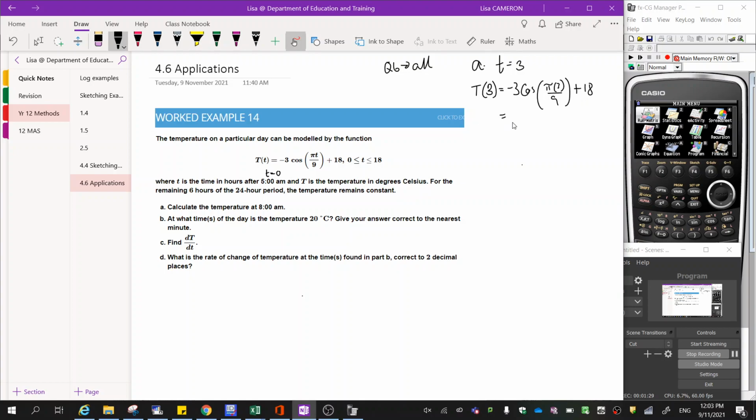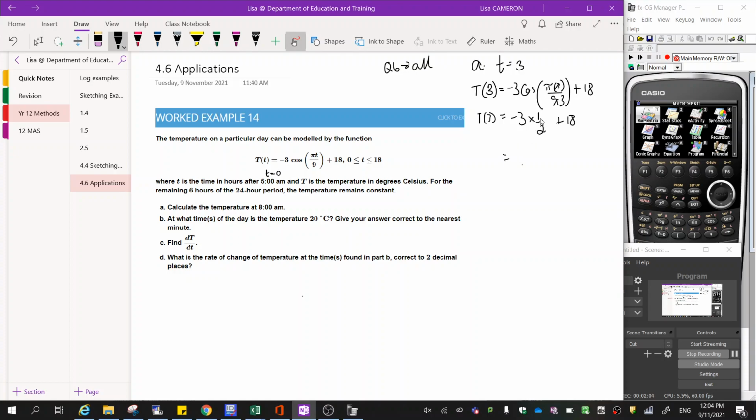Now, we're going to show you how to solve this one tech-free. If it is a tech-active question, you'd be silly to not shove it into your calculator right now. But let's see how it is tech-free, and then we're going to go through what to do in your calculator. So over here, T(3). This one will cancel out with that one, making that pi on 3. Anytime we've got pi on 3, we know we're looking at 60 degrees. Now, using our exact values, cos of 60 degrees is going to give me a half, plus 18.